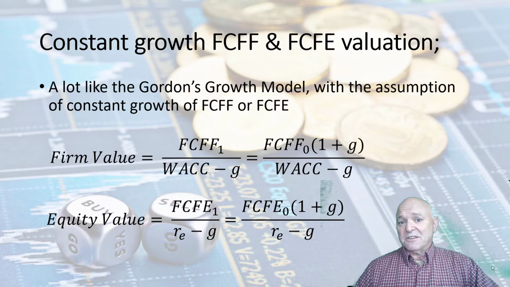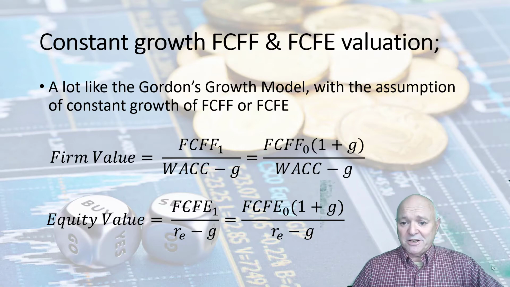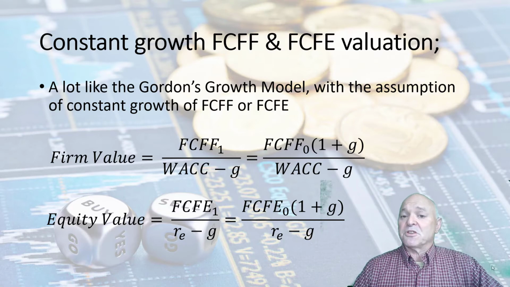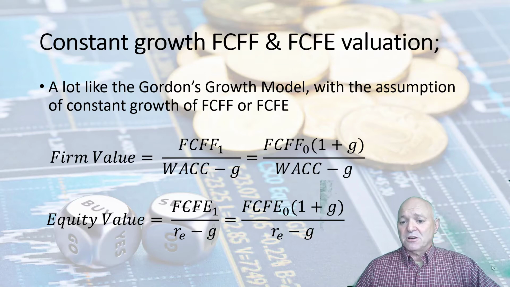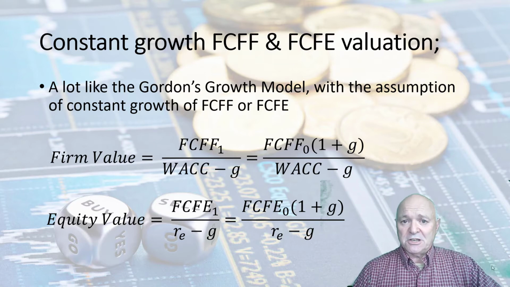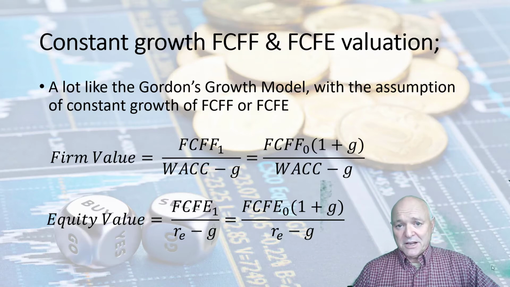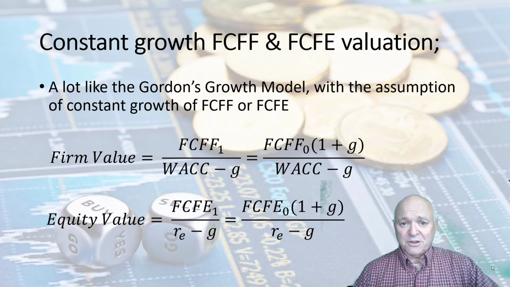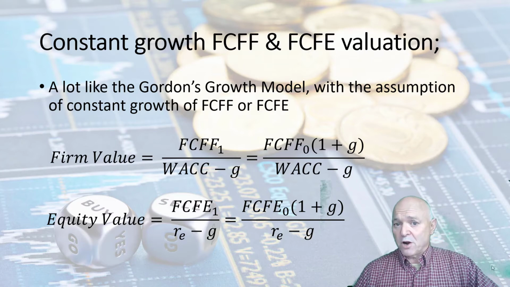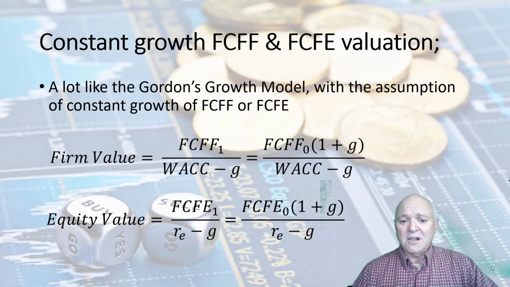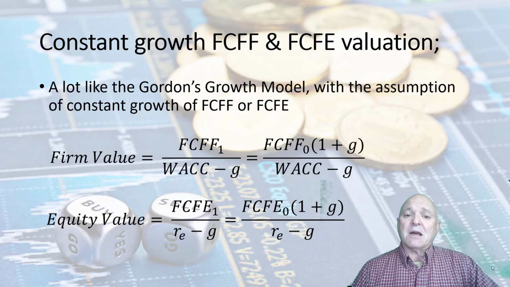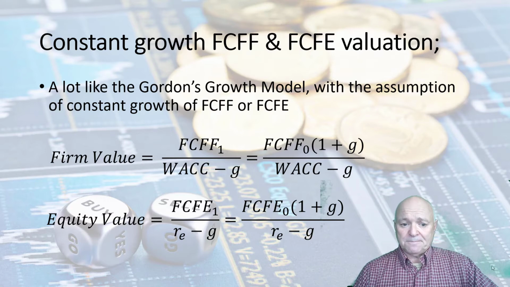To get that, we take the free cash flows in the last period, the free cash flows to the firm, for example last year, times 1 plus g, the expected growth in the earnings. For the denominator, if we're calculating the firm value, we use R minus g, where R is the weighted average cost of capital. And so that becomes the value of a growing perpetuity.